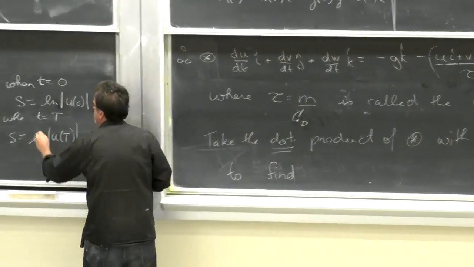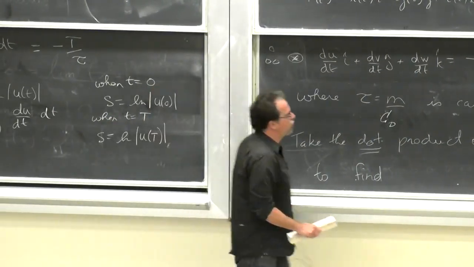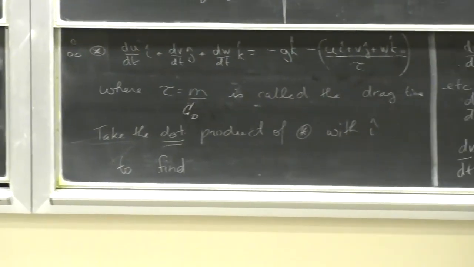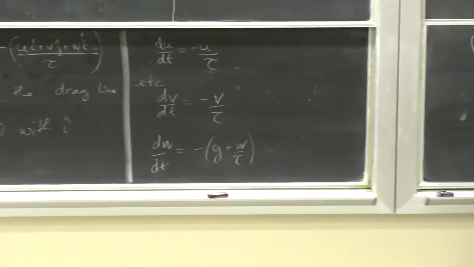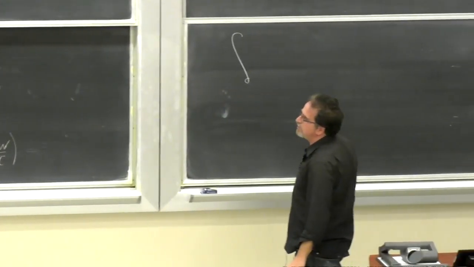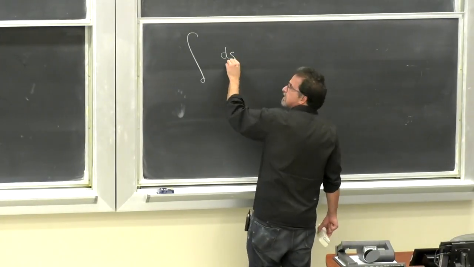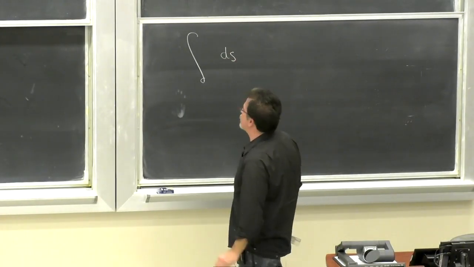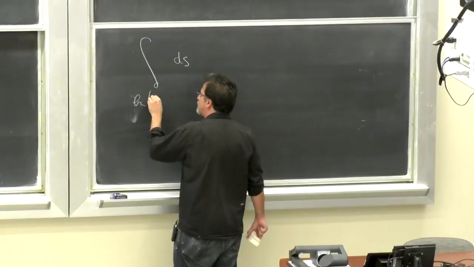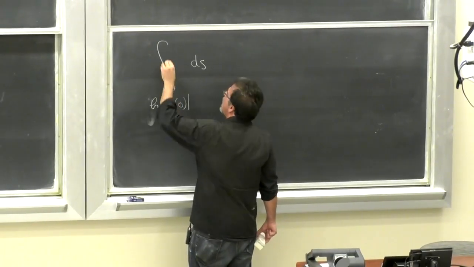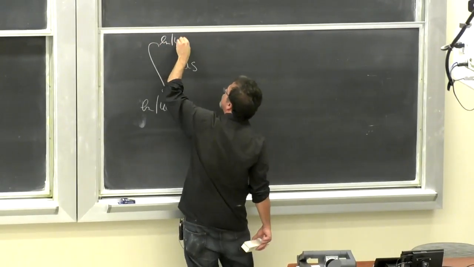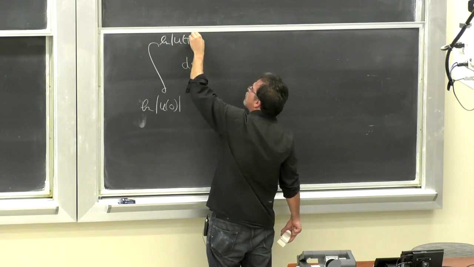Now I have all the tools to change my integral. The whole interior part of the integral becomes ds. The lower bound becomes the natural logarithm of the absolute value of u of 0, and the upper bound becomes the natural logarithm of the absolute value of u of T.